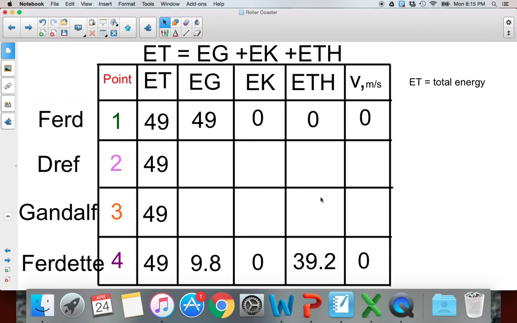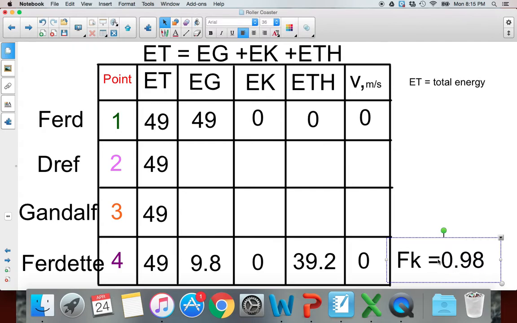So we only have 2 more rows to figure out on our bingo card. They're actually the 2 hardest. And we've also figured out that Fk equals, don't write that down until I move it, Fk is equal to 0.98. Okay? So that Fk will apply for the other 2 points. We'll have to use that Fk. That's why point 4 has to go before the other points, because you need that friction force.